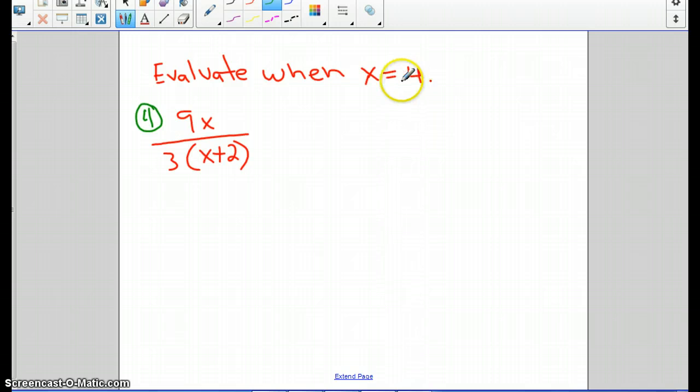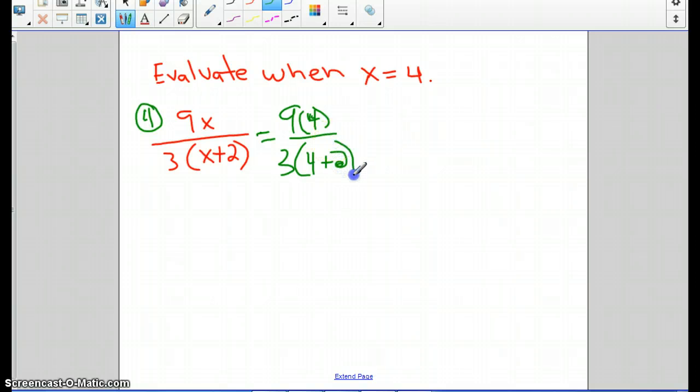Here it says evaluate when x is 4. So wherever in this expression you see an x, we've got to plug in a 4. In the numerator, or the top, we've got 9 times 4. And then in the denominator, the bottom, we've got 3 times the quantity 4 plus 2.